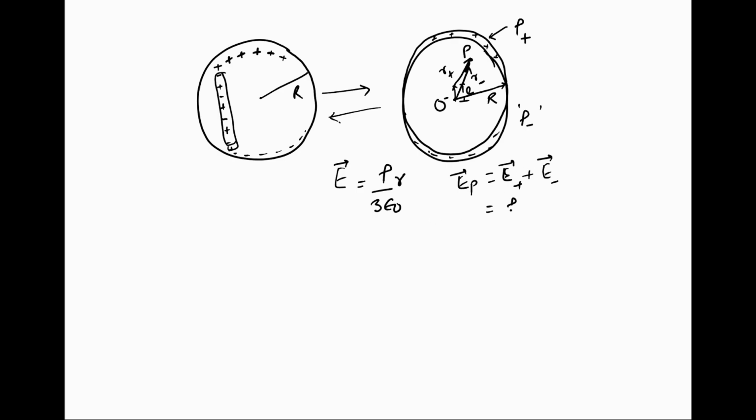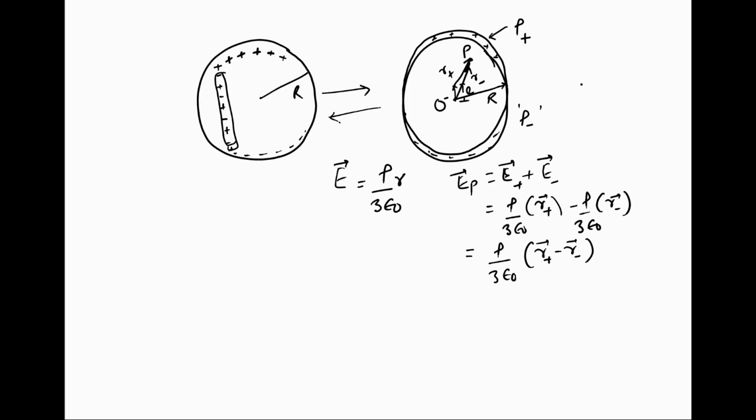Now it will be rho over 3 epsilon naught times r plus, minus rho over 3 epsilon naught times r minus. Taking rho over 3 epsilon naught outside, this will be r plus minus r minus.